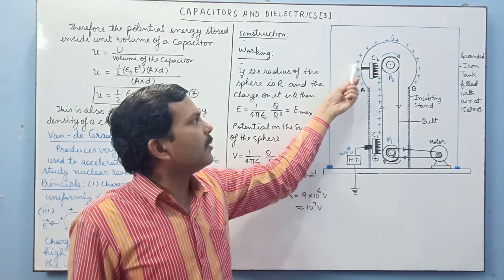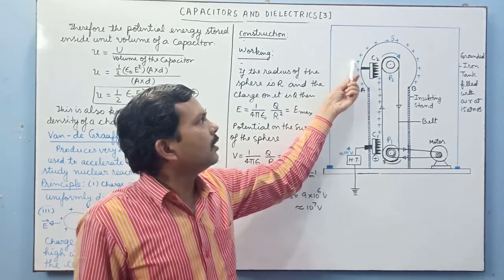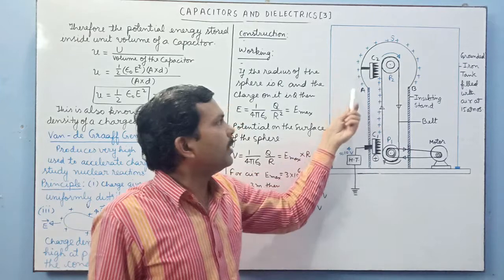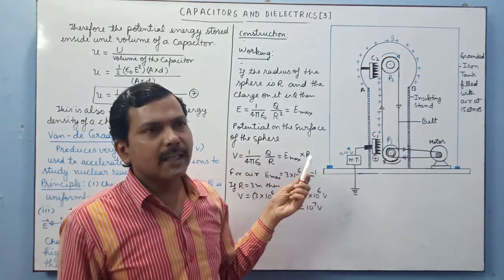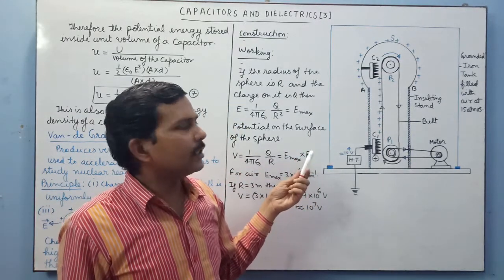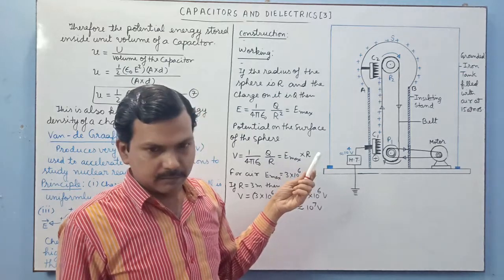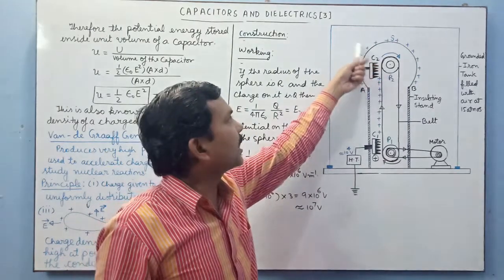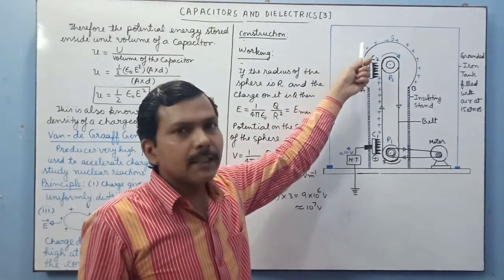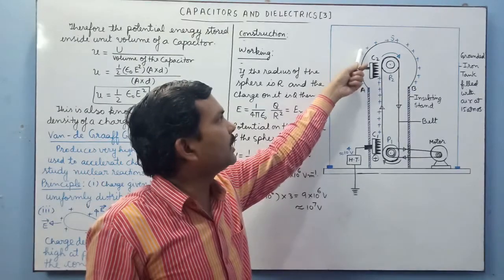After a certain time, a limit comes when this electric field becomes sufficient to break the dielectric strength of the air. Now the leakage of charge starts from the surface of the sphere.